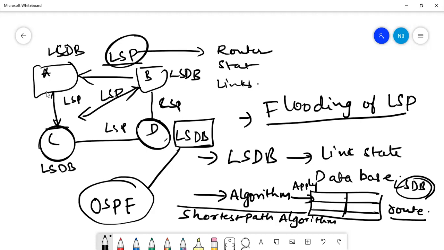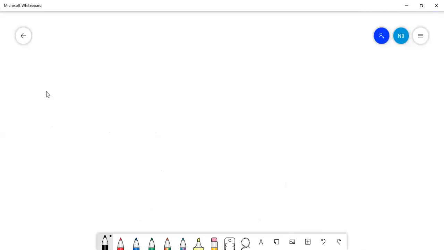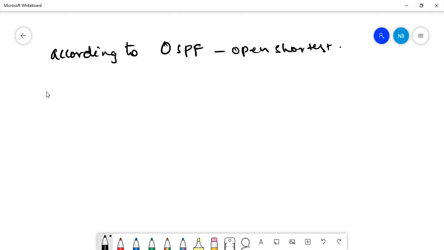And one more thing, according to OSPF, the LSPs will get updated. OSPF is open shortest path first.